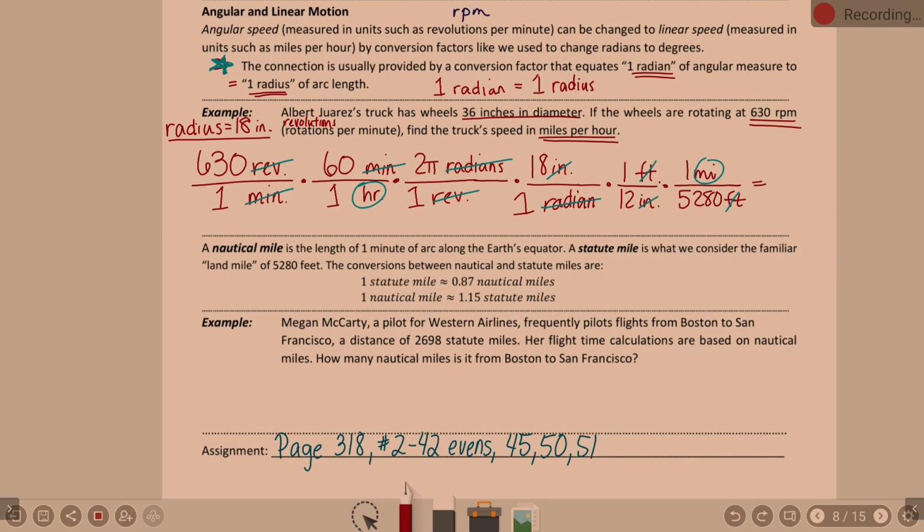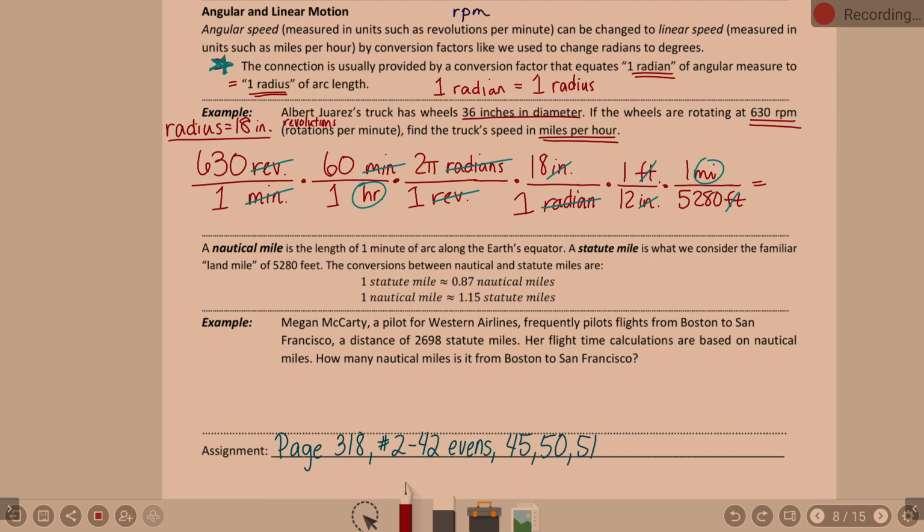Practice putting this in your calculator. I cannot stress that enough. My recommendation is you do a fraction bar. Multiply everything on top of the fraction bar. So 630 times 60 times 2 times pi times 18. And then in my denominator, I don't have to write all the ones, do I?